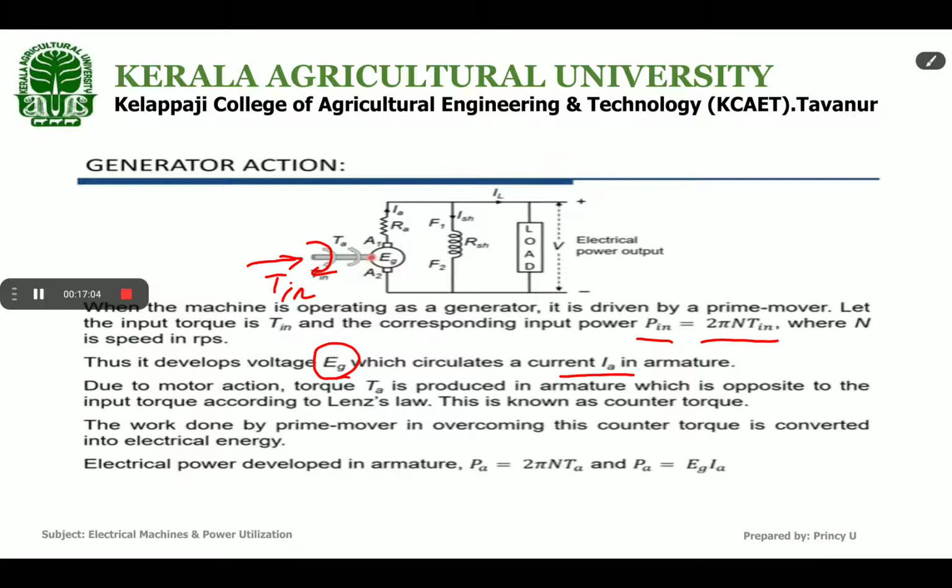Now it becomes motor action, that is, when a current carrying conductor is placed in a magnetic field, it experiences a force and this force collectively produces a torque. So there will be another torque, that is counter torque, produced in the armature due to this armature current.